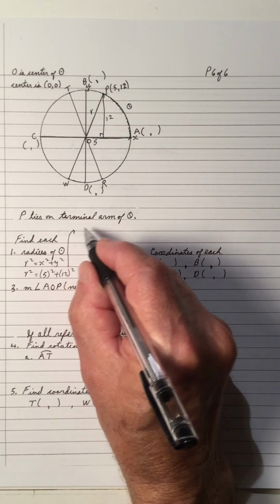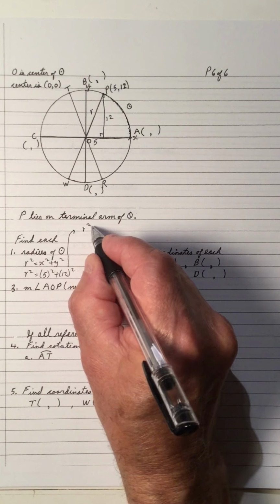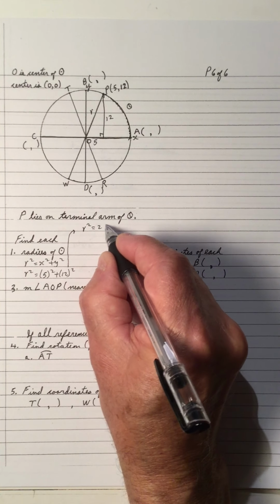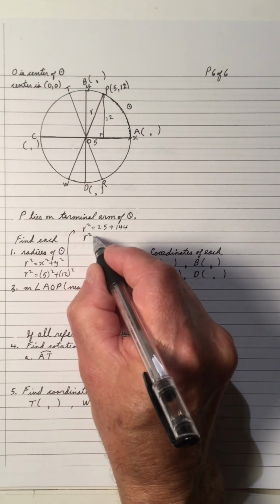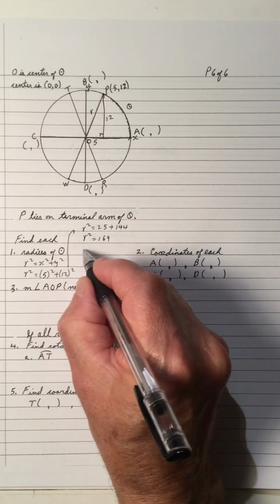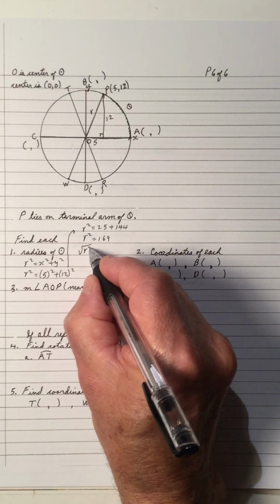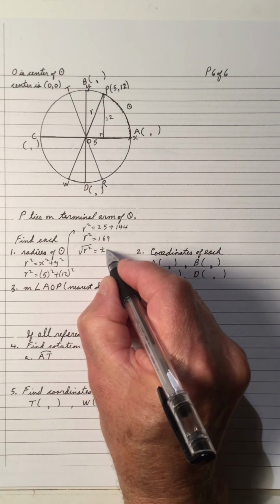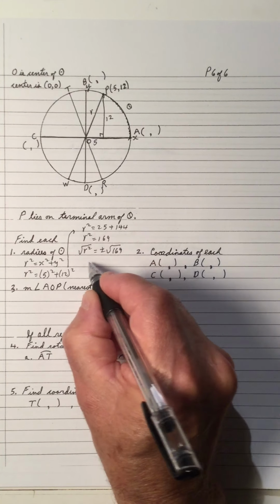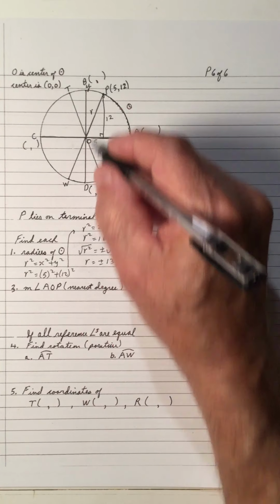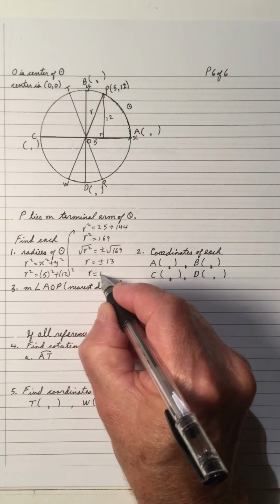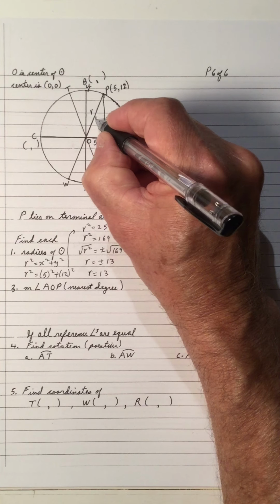So that means r squared is 25 plus 12 squared is 144. R squared is 169. So r is plus or minus the square root of 169, plus or minus 13. And because we have a radius, then r is 13. So we'll put 13 in the diagram.